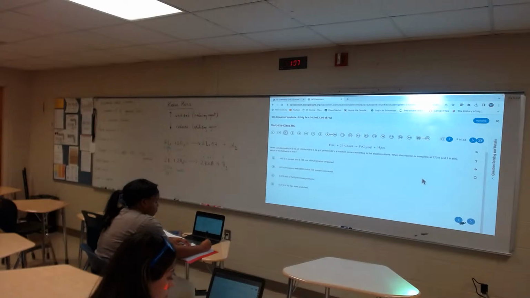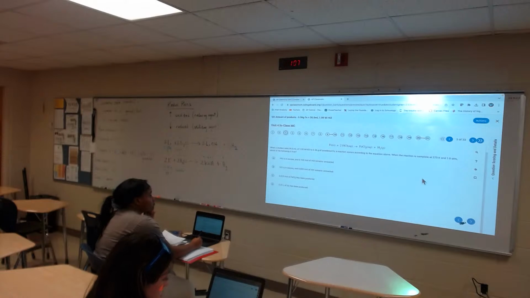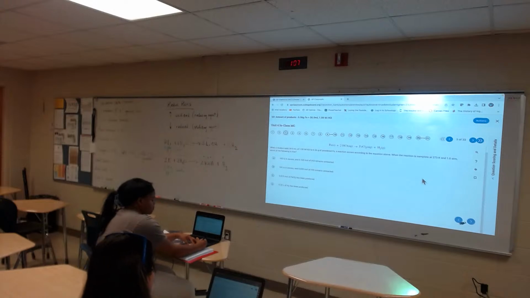When a student adds 30 mL of 1 molar HCl to 0.56 grams of powdered iron, if you have it in powdered form, it might get pretty big on you. A reaction occurs according to the equation above. When the reaction is complete at 273 K and 1 atmosphere, which of the following is true? So 273 K and 1 atmosphere, there's that stupid Avogadro's principle, right?